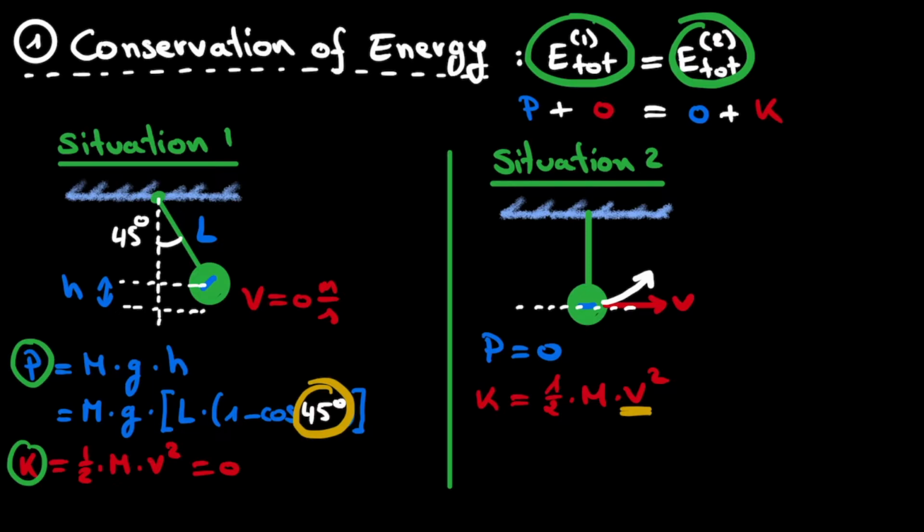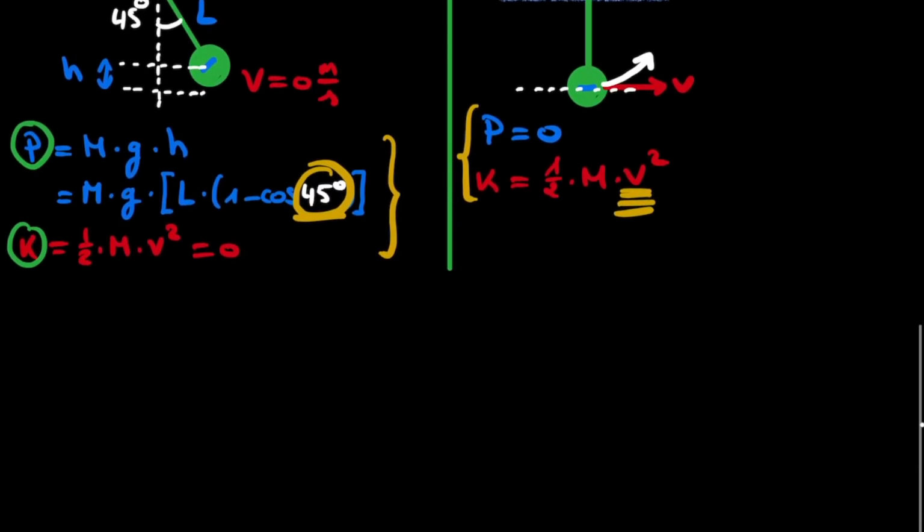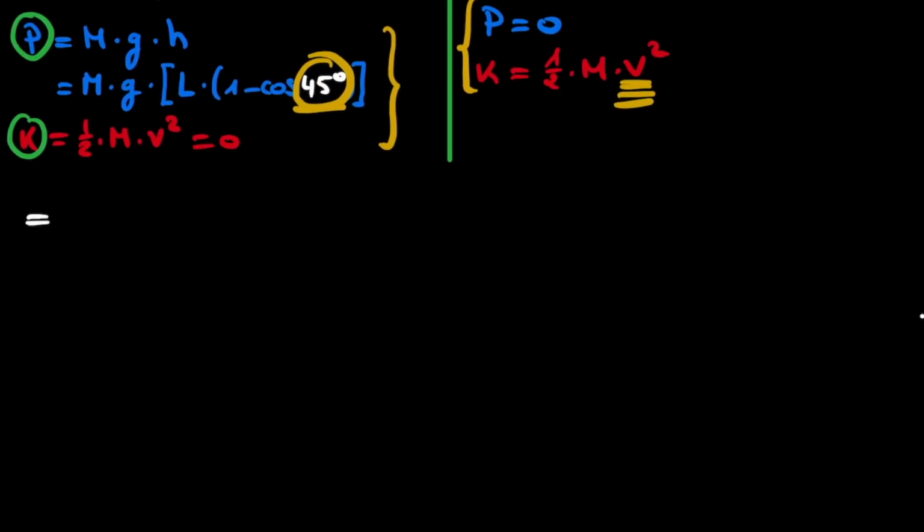So what we can do is use conservation of energy by equating those two total energies, which means equating this sum with this sum, and write v as a function of this 45 degrees, which is what we will be doing right now. So we have on the one hand side the total energy of situation 1, which is simply the potential energy.